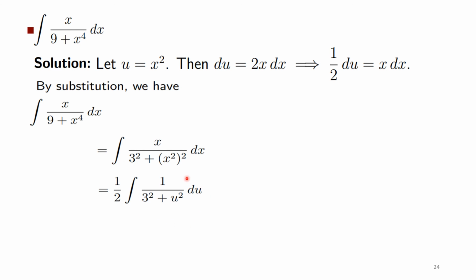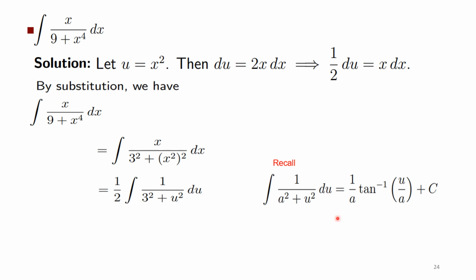Can you recognize this one? We recall the following integral value: the integral of 1 over a squared plus u squared du is equal to 1 over a tangent inverse of u over a plus c. So from here, our a is 3, so it's raised to the second power, and u there is raised to the second power.